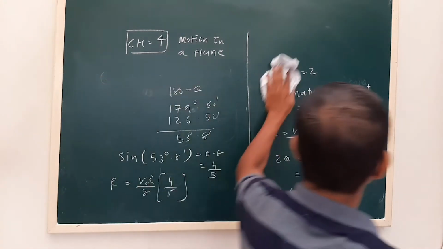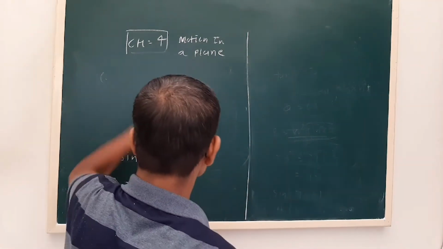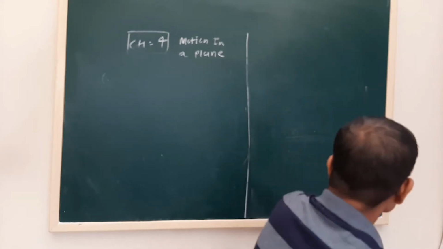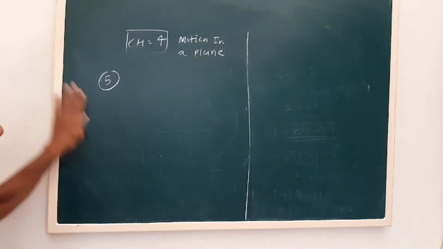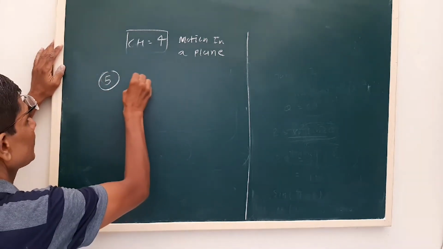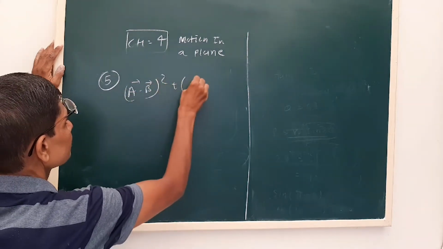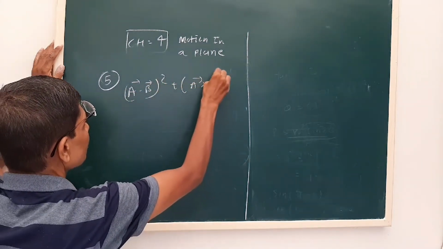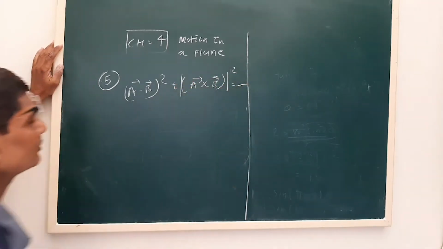Now see the next MCQ. This is related to scalar and vector product. The question is: A dot B whole square plus A cross B whole square, we have to find out.